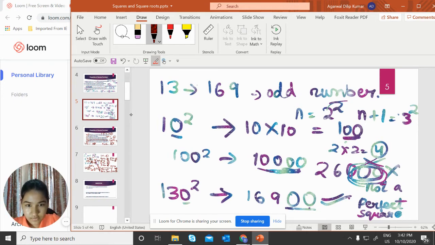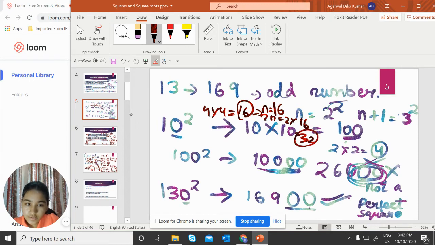Is 16 a perfect square? Yes, 4 4s are 16. So if we consider n is equal to 16, then 2n will be equal to 2 into 16, which is 32. 32 is not a perfect square. Okay, it's a very simple thing. If n is a perfect square, then 2n, that is 2 multiplied by the perfect square, is not a perfect square. It's never.